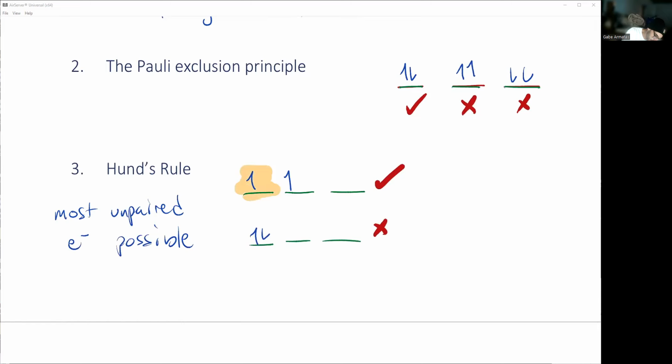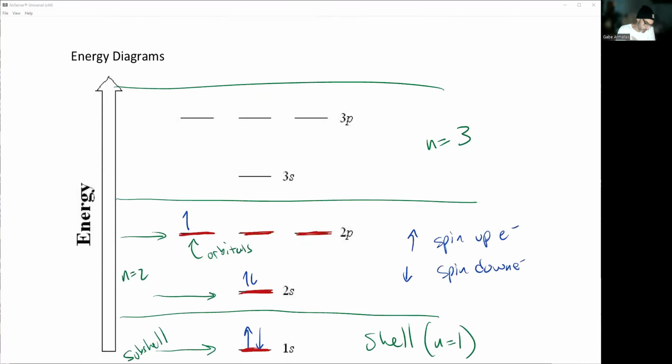This electron right here is considered unpaired. This electron right here has a partner. It has a pair. So if I have a choice, what it says simply is fill up an entire shell before you proceed.